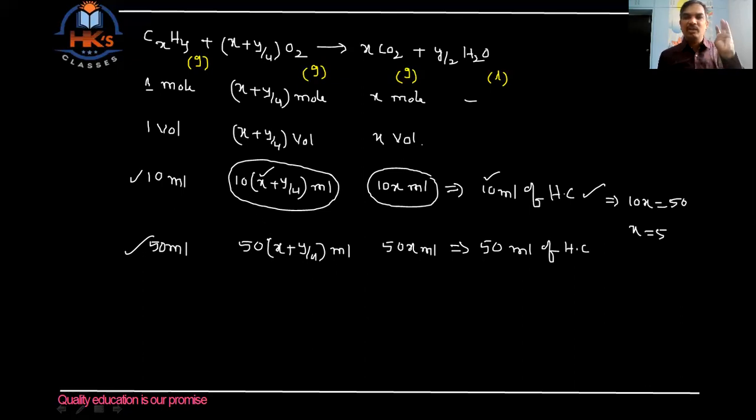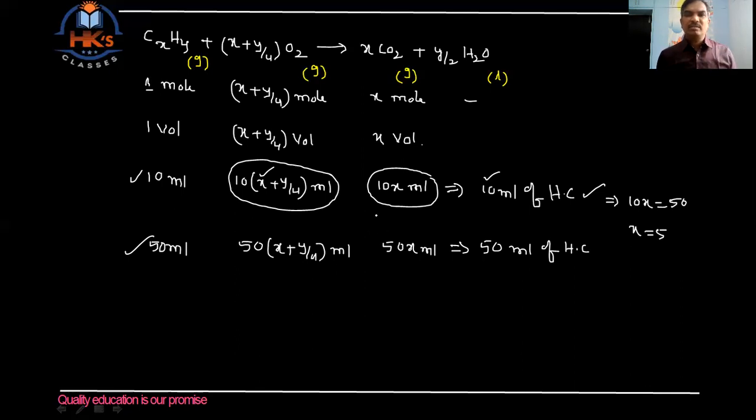So once we get the value of x as well as value of y, you can get the formula of the hydrocarbon. So here, this is the simple method how we can calculate the formula of the hydrocarbon as per the given stoichiometry.